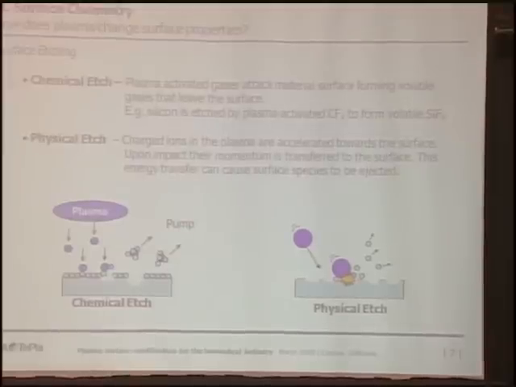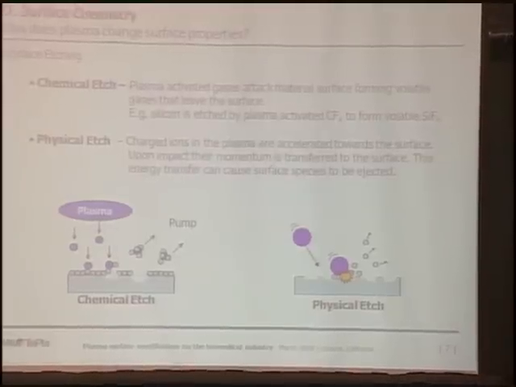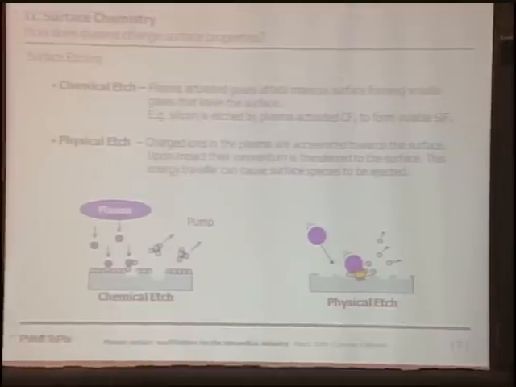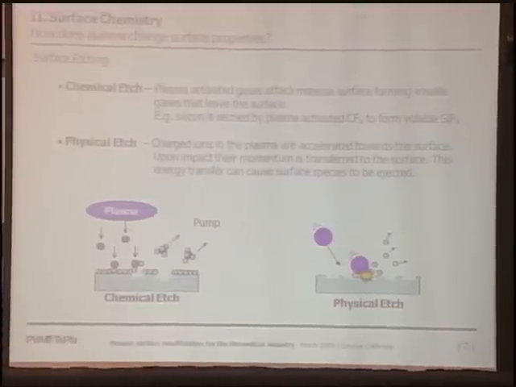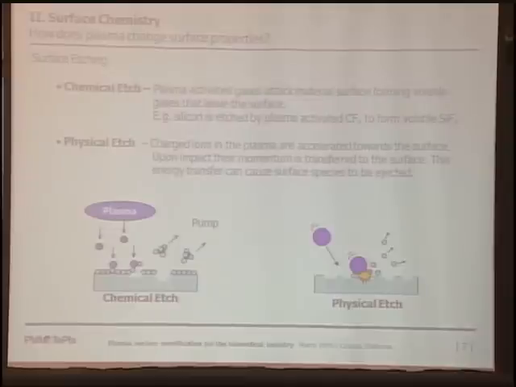The other method is the physical etch. This is where we will accelerate particles towards the surface, and they will act as a ballistic effect and physically knock particles off your surface. So those are the two main mechanisms for surface etching or surface cleaning.